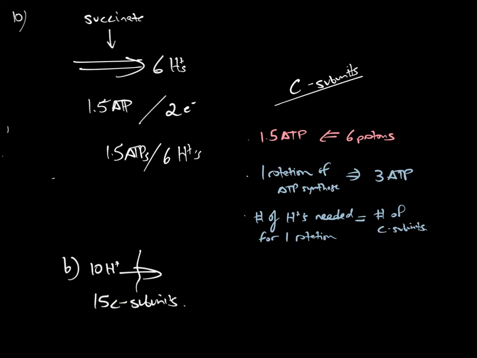And one full rotation, as we know, will make 3 ATP. Hence, I have 10 protons, which is 2/3 of one full rotation. So if I have one rotation making 3 ATP, 2/3 of a rotation will make 2 ATP. So I will make 2 ATP.